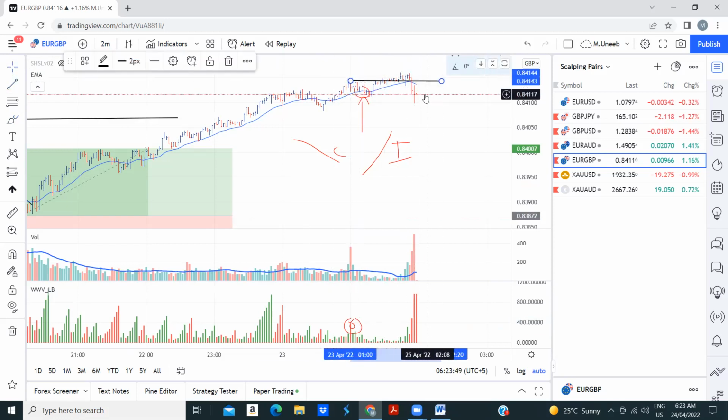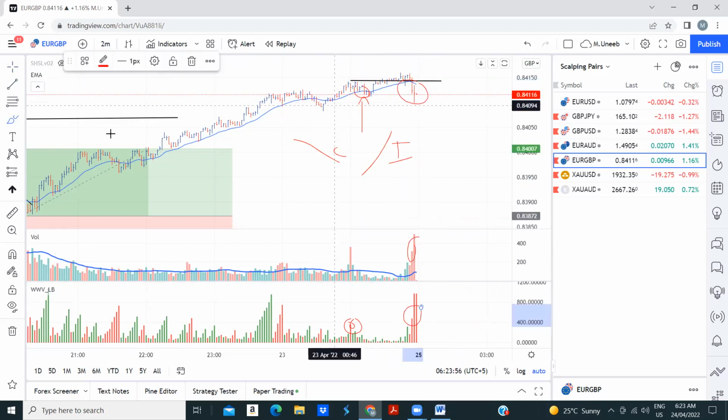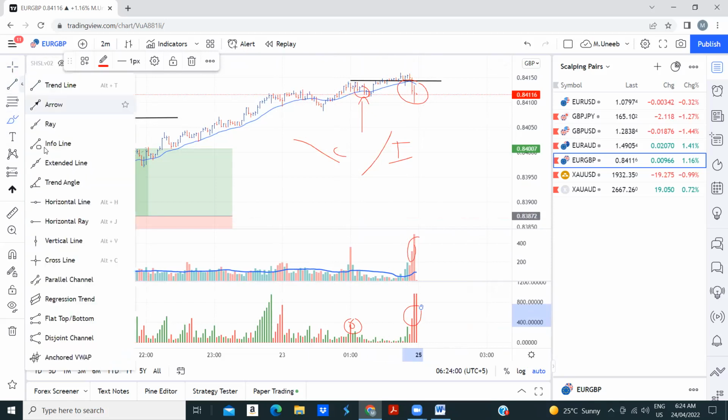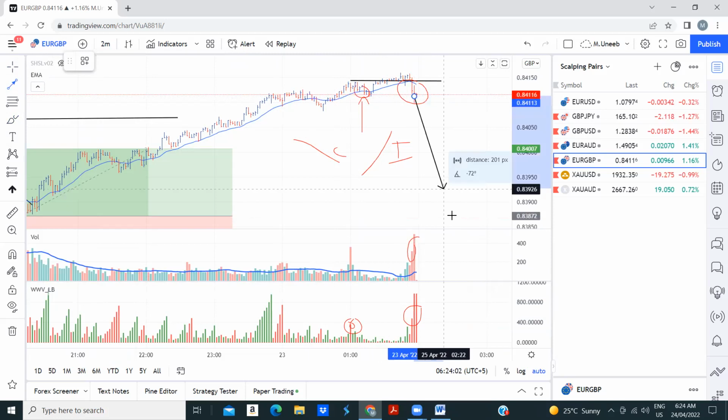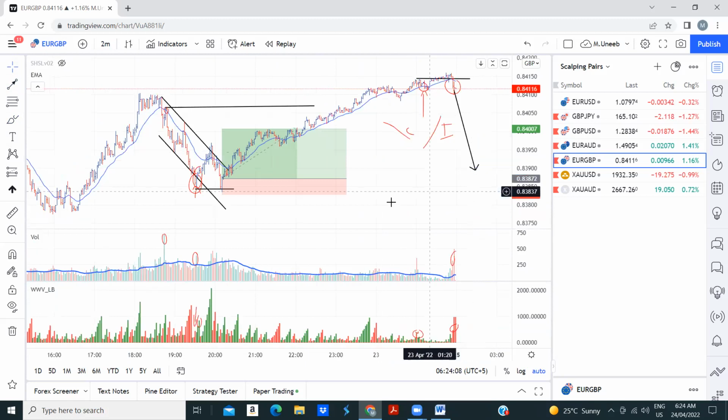Now you can also see the huge volume, huge reverse volume. So what will happen when the market opens on Monday? You can easily see the market crash all the way to this side.